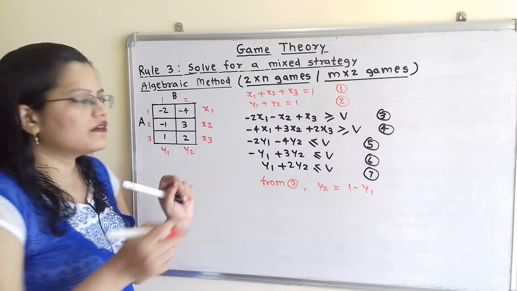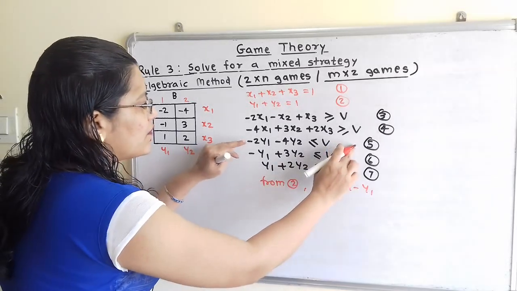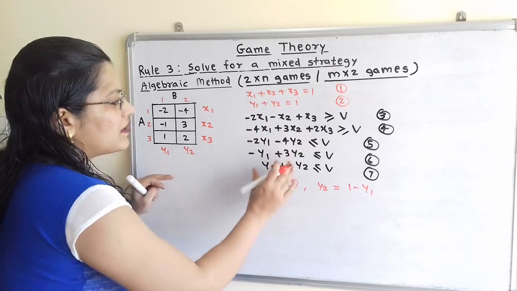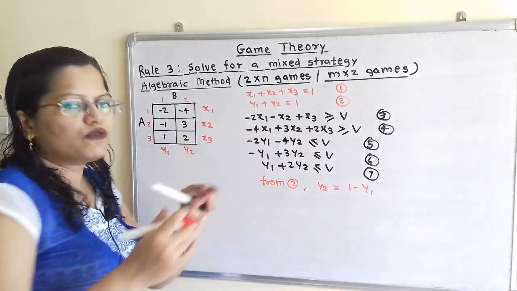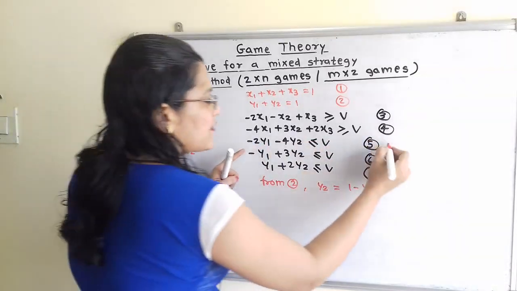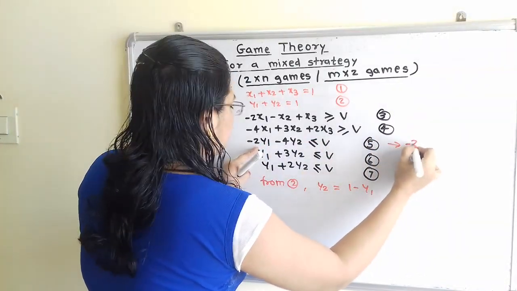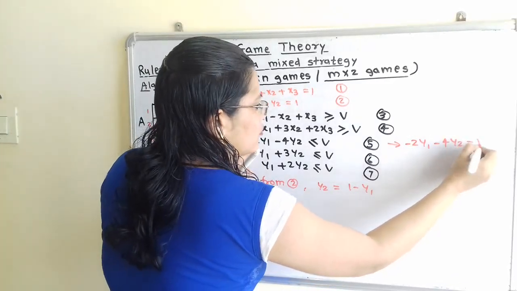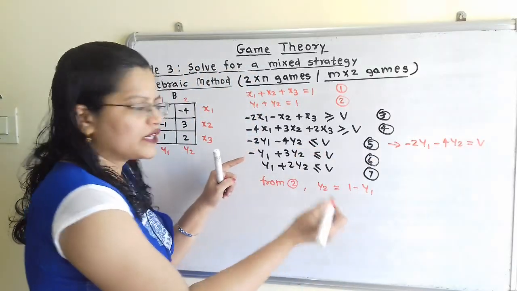We will put the value of y2 in these equations and try to find the value of y1 and y2. Now we will take equation number 5 and convert this inequality into equations. So we can write minus 2y1 minus 4y2 is equal to v, because it is less than or equal to.